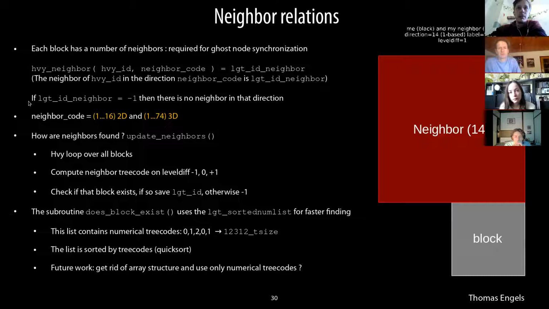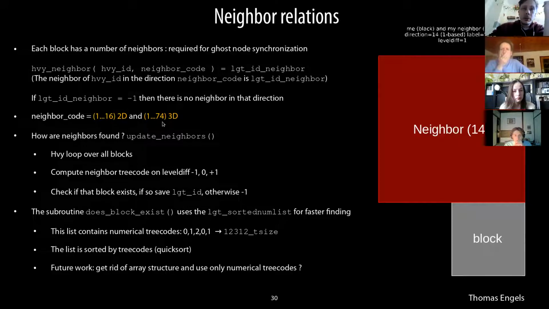Right. And if this code is -1, then it simply means there is no neighbor in that direction, which is well possible because, say, this gray block has a neighbor on the same level, a red block, which I think is neighbor code 2 or so. But if it already has a neighbor 14 in that direction, it cannot have neighbor 2 in that direction. So that's simply this -1.